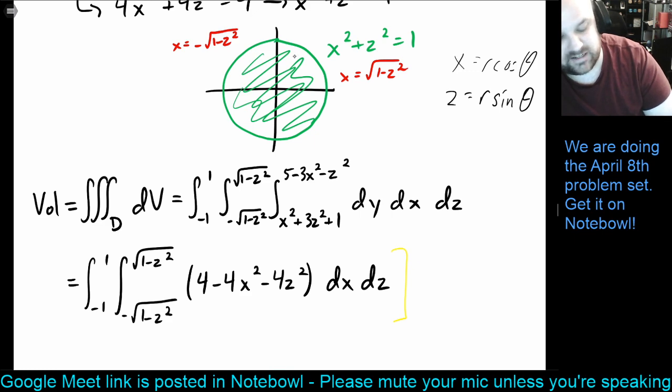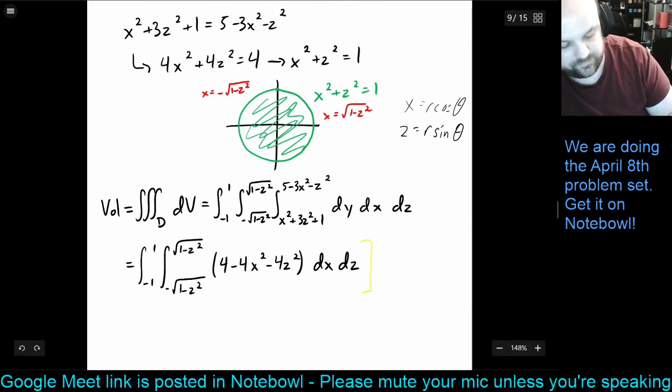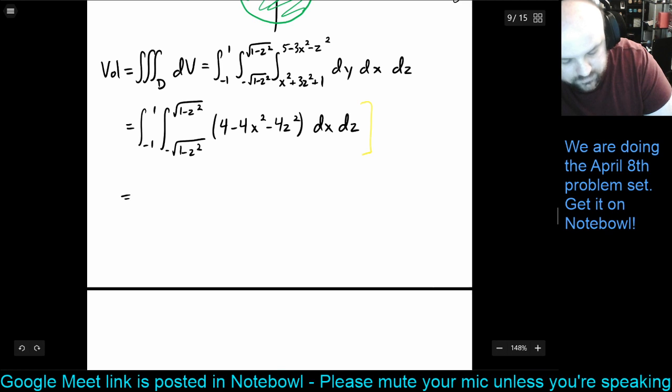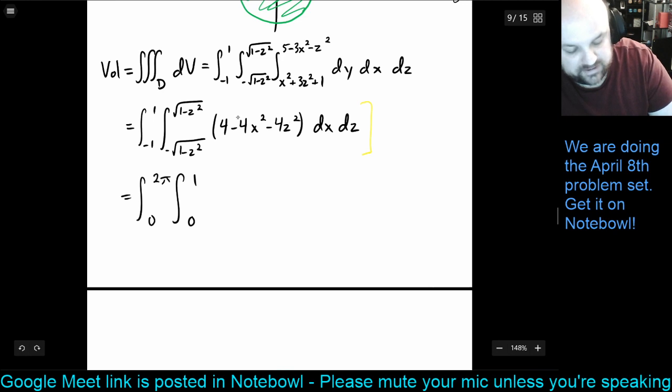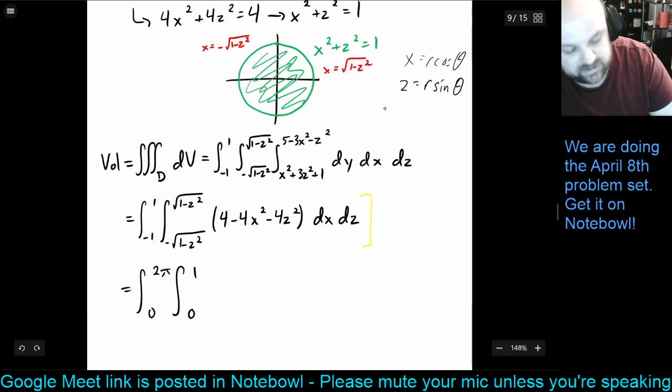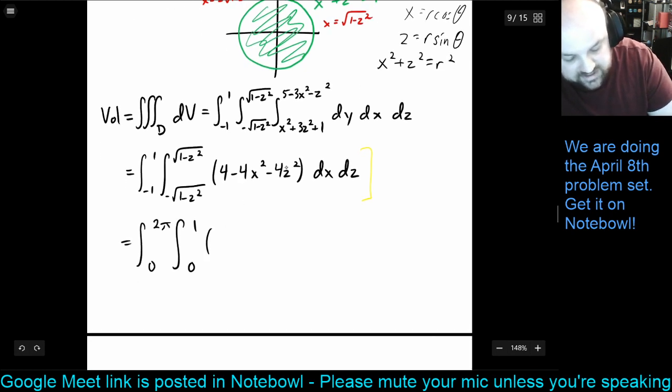This region is a nice polar region, so it's going to be a nice 0 to 2 pi, 0 to 1. We're going to have x squared plus z squared equals r squared here, so inside this is just 4 minus 4r squared times r dr d theta.